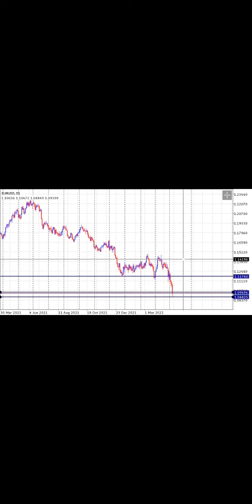Then price must stagger here because there is another block here. Staggered here, then pushes up, hitting all the orders that are here, up to meet this order block, then probably pushing down. That is just the simple concept.